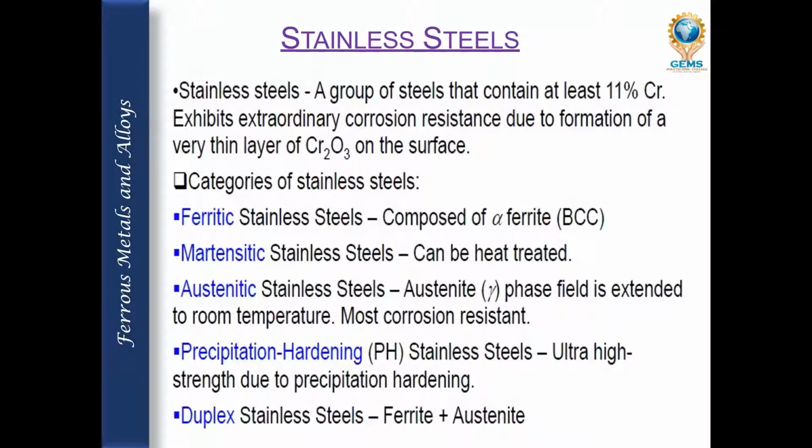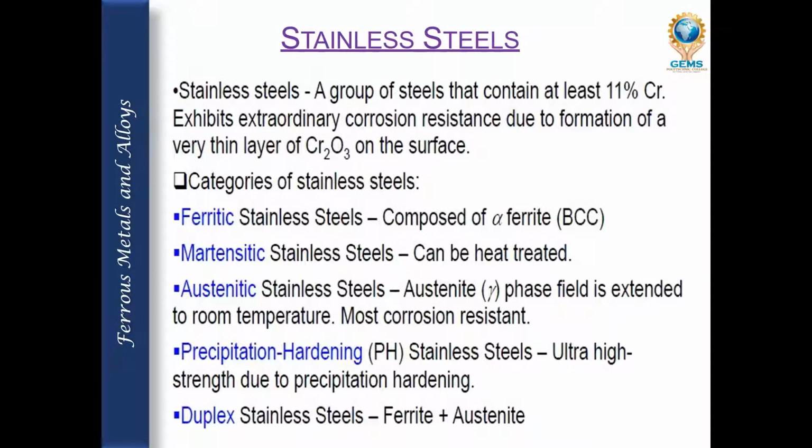Basically, in addition to chromium, stainless steels are made with alloys of silicon, nickel, carbon, nitrogen and manganese. Nitrogen, for example, improves tensile properties like ductility. Nickel is added to austenitic steel to improve flexibility. So this is how the steel is.